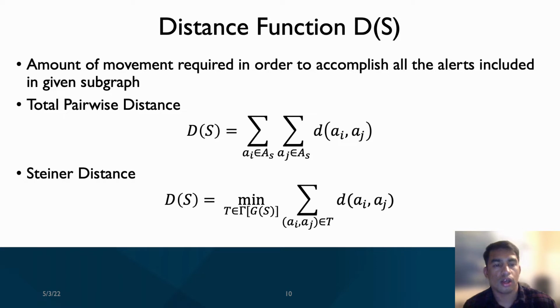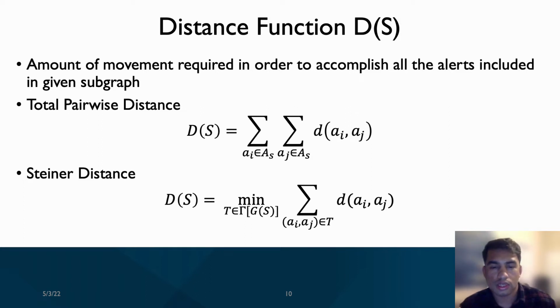So we define different distance functions in order to measure this cost. The first one is pairwise distance, which basically sums the shortest distance between every pair of alerts in a given subgraph. While this cost function is great for groups of events that are closely related to one another, most attack campaigns tend to behave like a chain of events rather than a group of events.